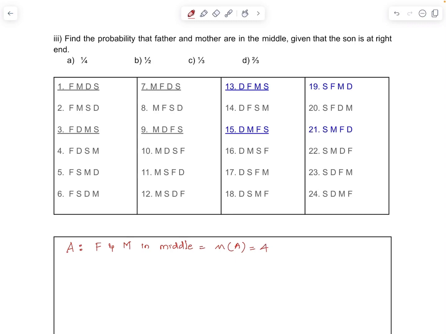That is the ones which are blue in color. Then let B be the event where son is at right end. N of B is equal to 6.